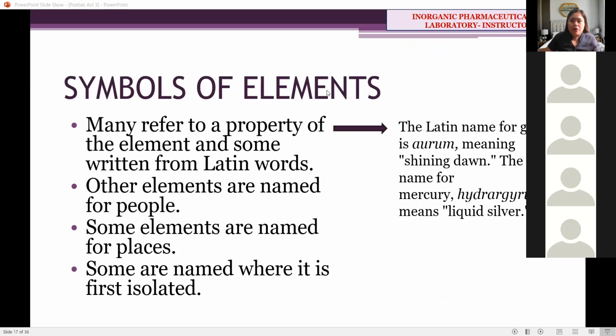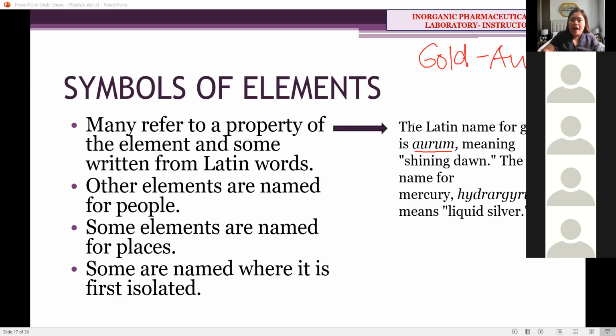Gold. The name of gold is of course gold, pero iyahang symbol kay Au. So asa gikan ang iyahang symbol nga Au? It comes from its Latin name, which is aurum. Ang Latin name sa gold, aurum. And ang meaning niya kay shining dawn.